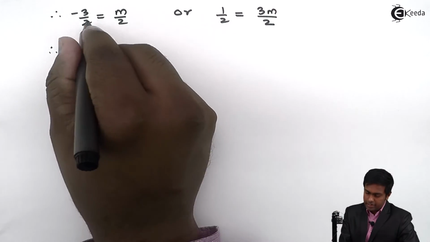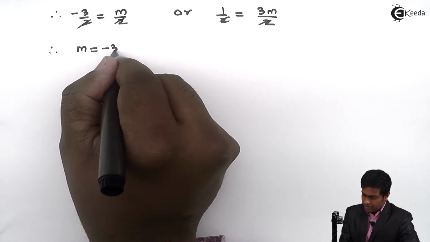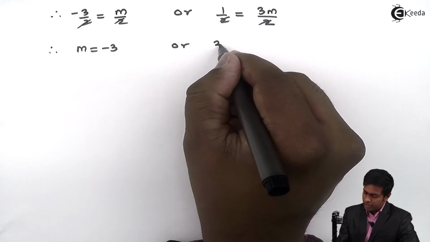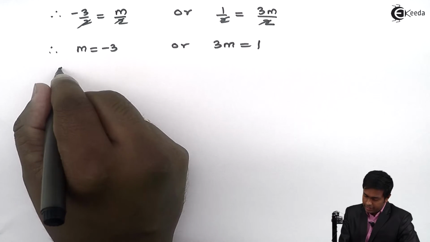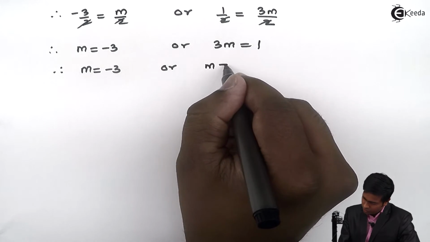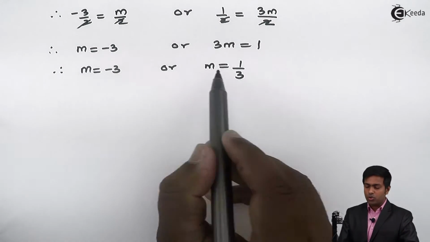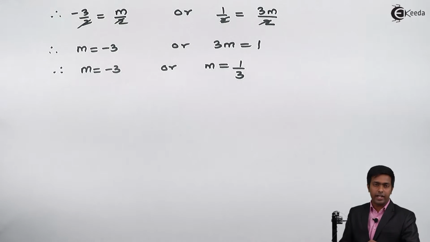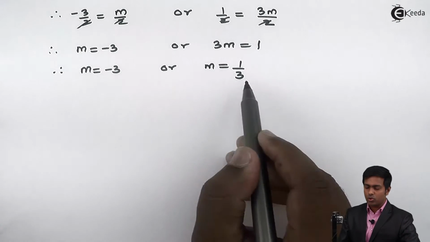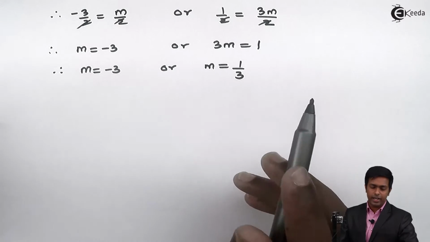So therefore by cancelling 2 from the denominator we'll get m equal to minus 3, or 3m equal to 1, that is m is equal to minus 3 or m is equal to 1 by 3. So here we got two slopes for the required line. So since we have two slopes, we are gonna get two equations of the required line.